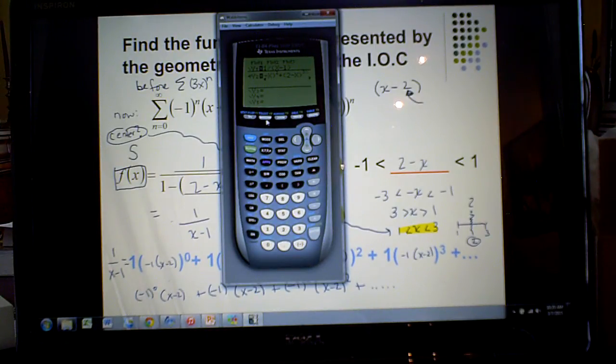And I've got to go change my window, right, to my interval of convergence, which is 1 to 3.